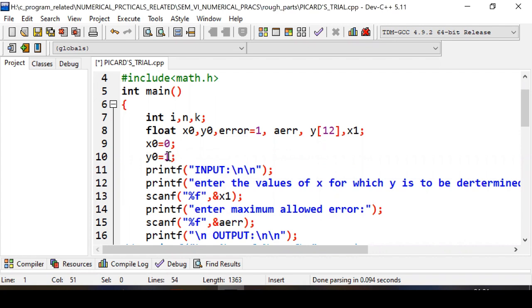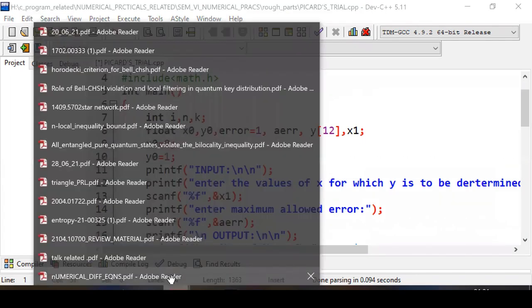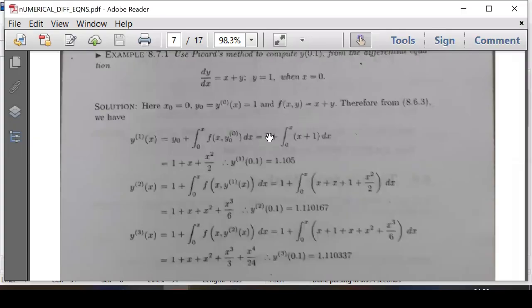You see here that unlike other programs, we have to provide it at the very beginning, because unless you know what y0 is, you cannot calculate these integrations. Here I am using 1 plus, then x plus y, and in place of y I am putting y0 again. So once we are trying to design the program, we should have an idea of the value of y0.